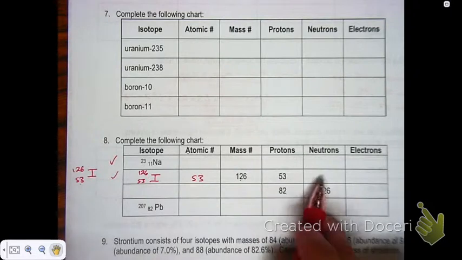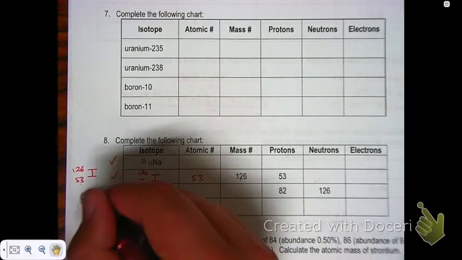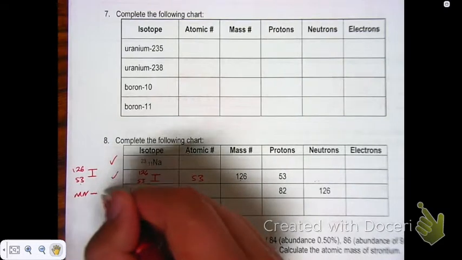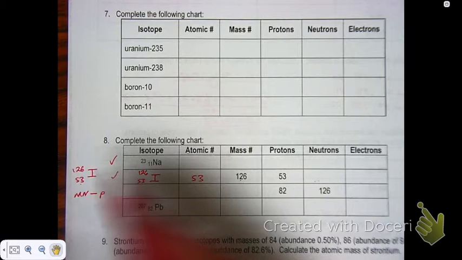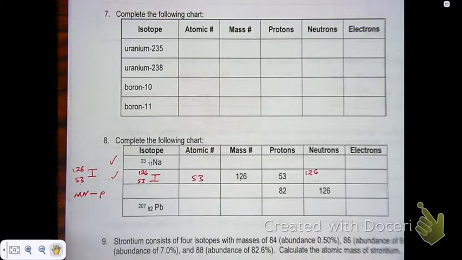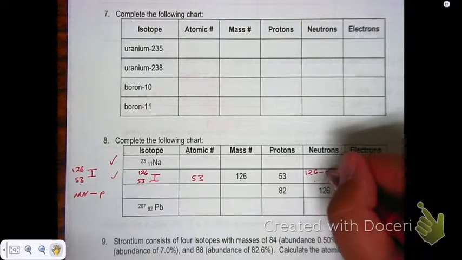The next one is the neutrons. To calculate the neutrons, all you have to do is take your mass number and subtract the number of protons. Our mass number is 126, minus the number on bottom, 53.